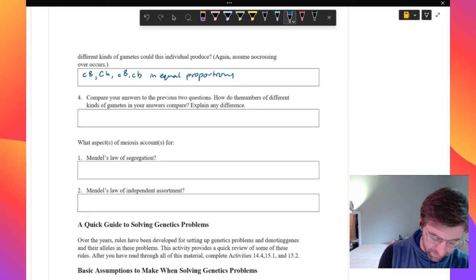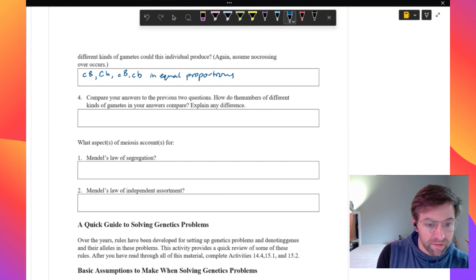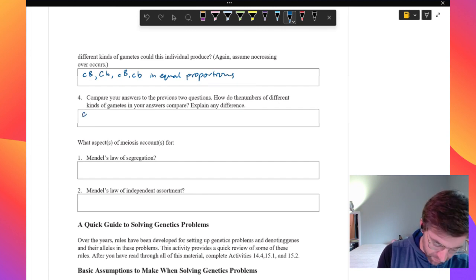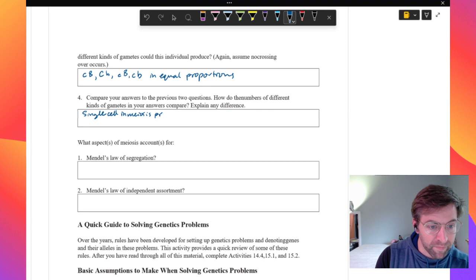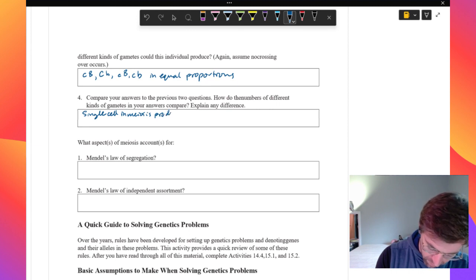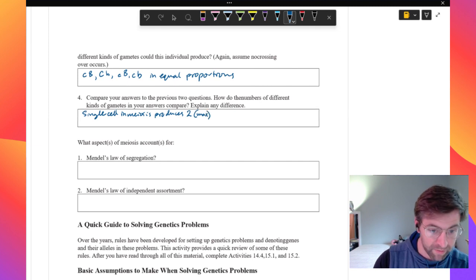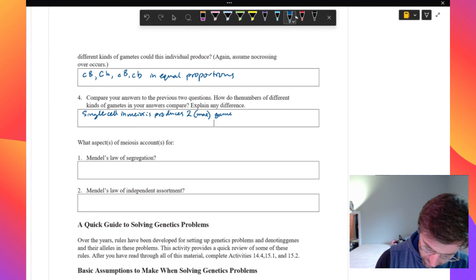So, a single cell in meiosis produces 2 max kinds of gametes.